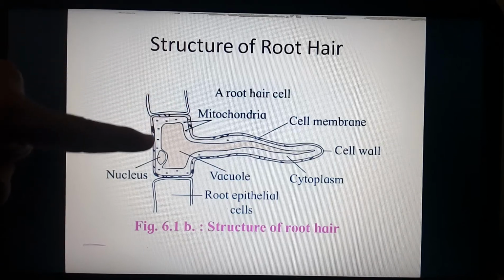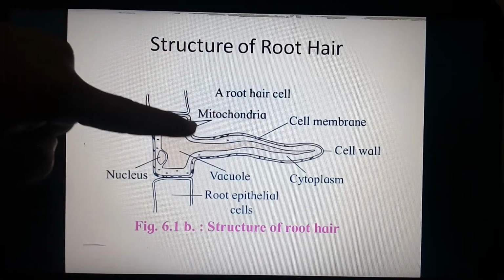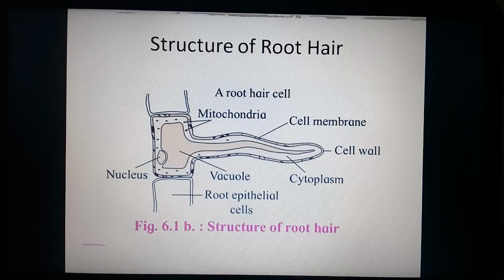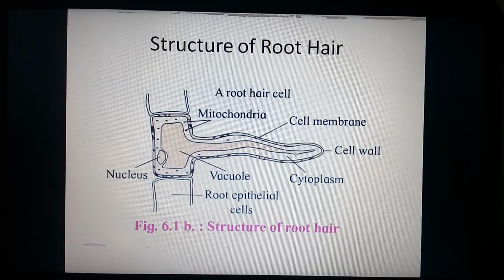Now in the entire structure of root hair, you can observe it shows its length up to 10 millimeter, and these root hairs are short-lived, called ephemeral in their nature.